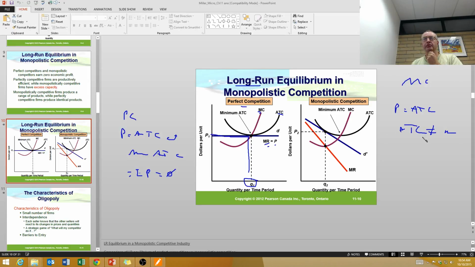And so monopolistic competition is not productively efficient the way perfect competition is. And so this excess capacity is a consequence of the ease of entry and exit from the industry. Okay, so that's it for monopolistic competition. I'm going to do a separate video for oligopoly.